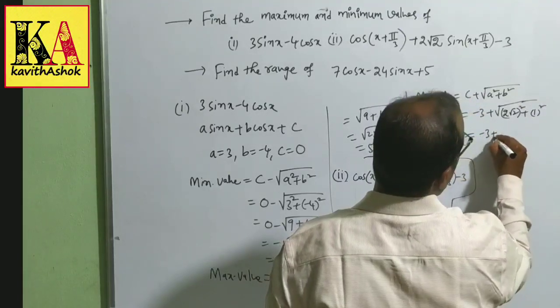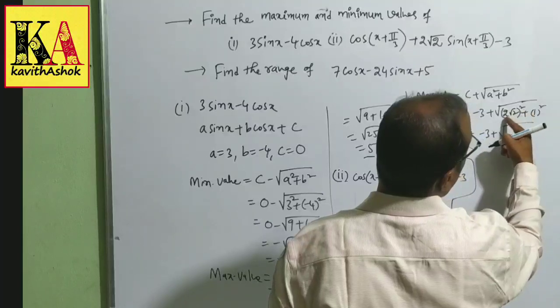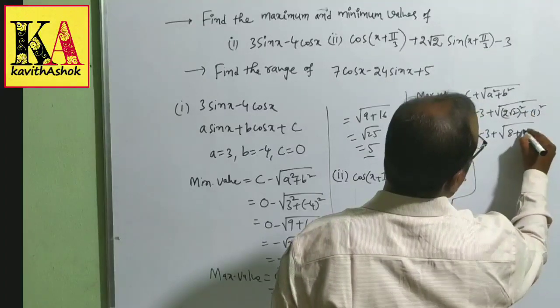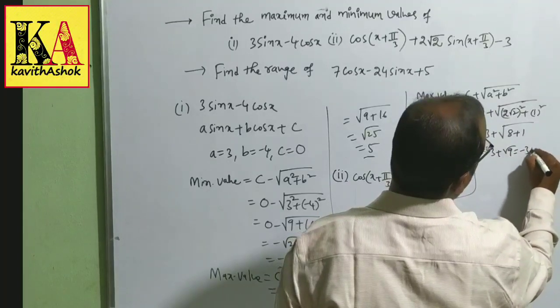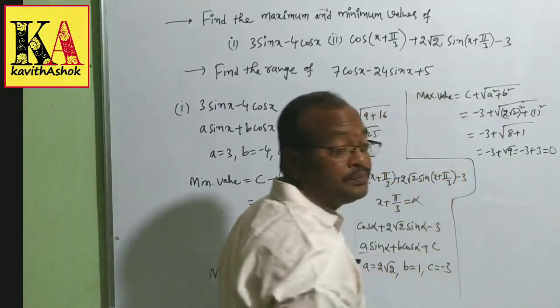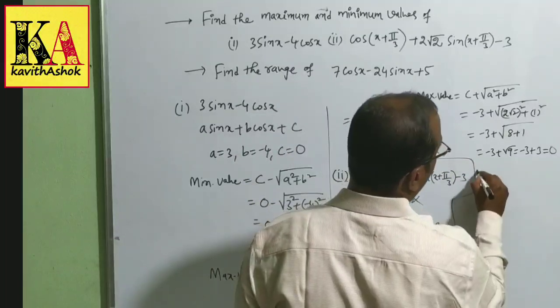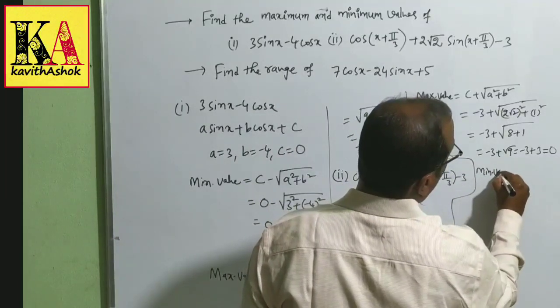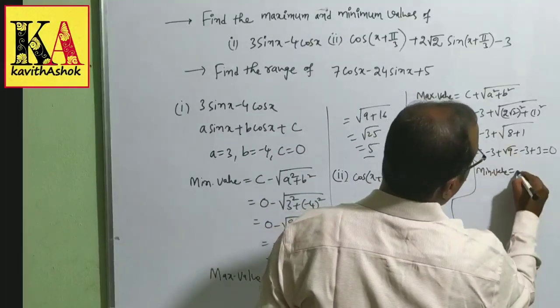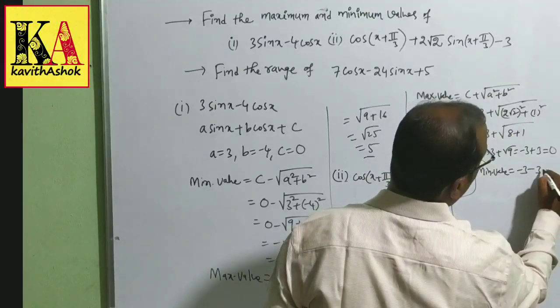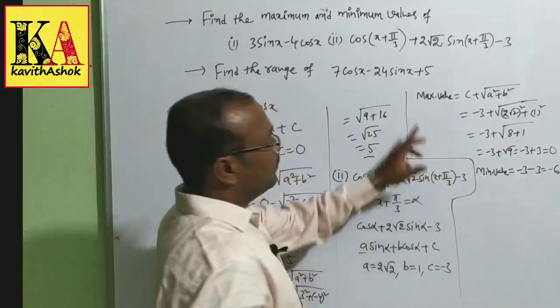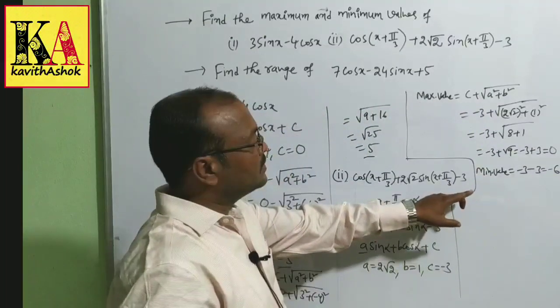So minus 3 plus under root of root 2 square is 2, 2 square is 4, 4 times 2 is 8, plus 1, minus 3 plus root 9, and minus 3 plus 3, the value will be 0. This is the maximum value, and the minimum value is the same minus 3 with minus in the place of plus, so we will get minus 6. Maximum value is 0 and the minimum value is minus 6.